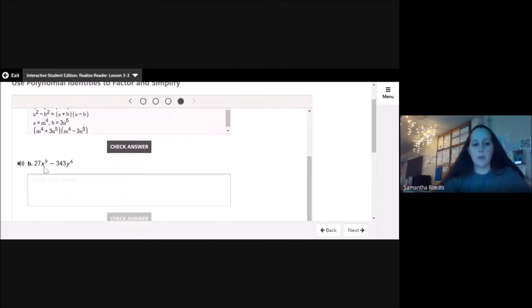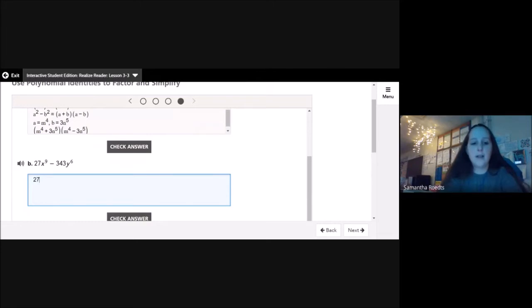For letter B, I have 27x to the 9th minus 343y to the 6th power. So these are both cubes. The cube root of 27 is 3, and the cube root of 343 is 7.